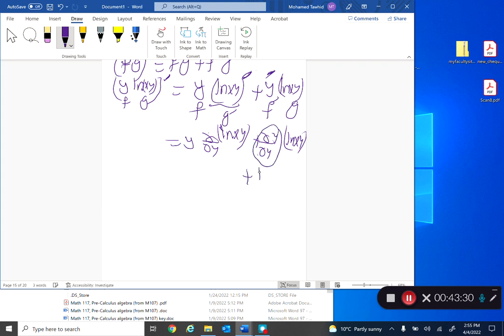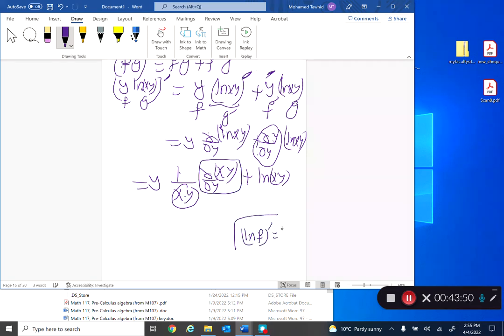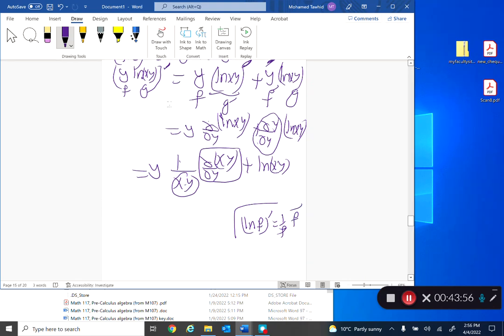Then I have to apply the derivative of the log. It will be 1 over f multiplied by f prime. So ln f gives 1 over f multiplied by f prime. That's the rule.